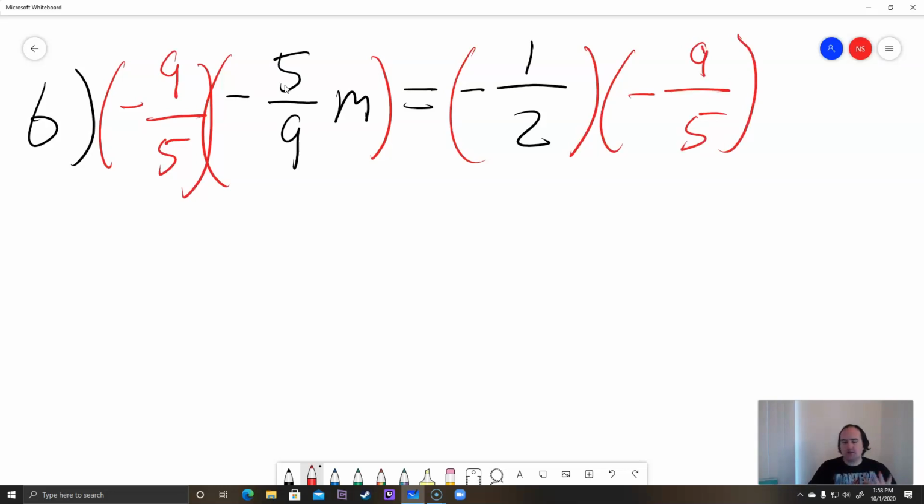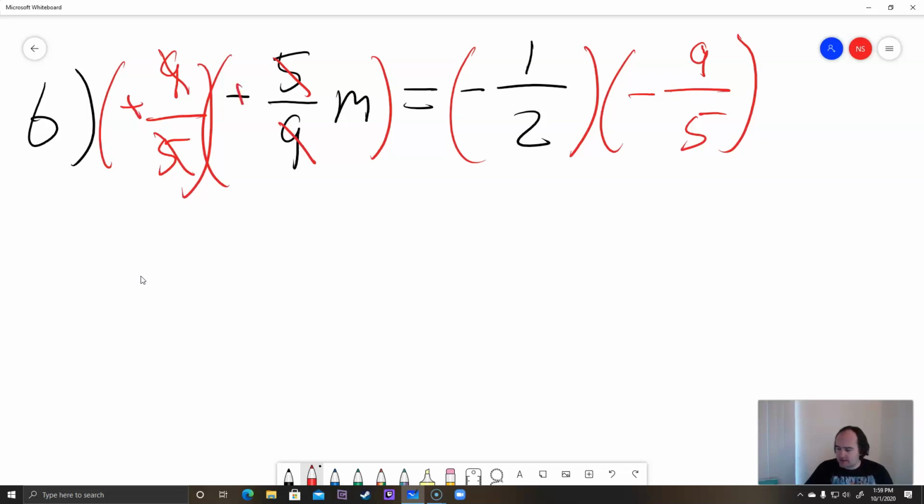So reciprocal means you flip it over, but if the original number was negative, the reciprocal is also negative. On the left side, just like before, if you multiply with the reciprocal, the 9's cancel and the 5's cancel. And because there's two minuses, remember two minuses make a plus when you're multiplying or dividing.